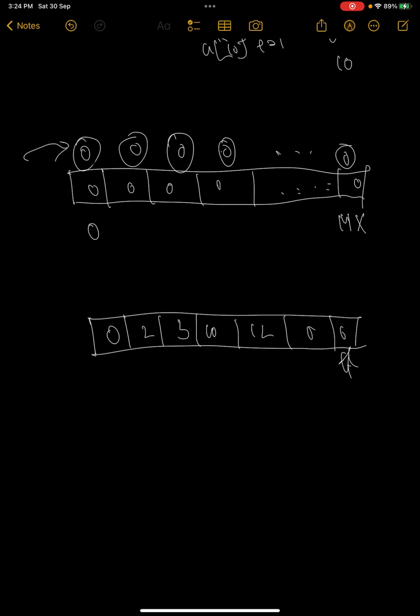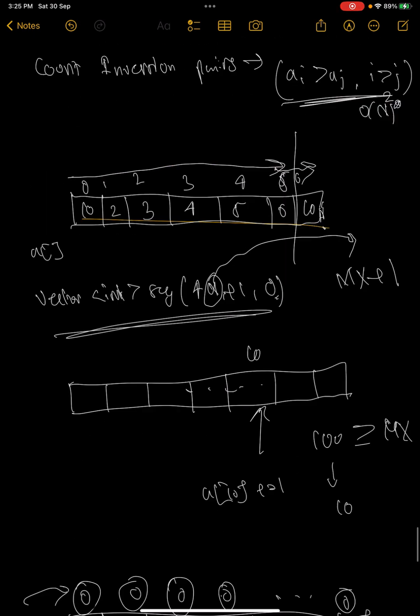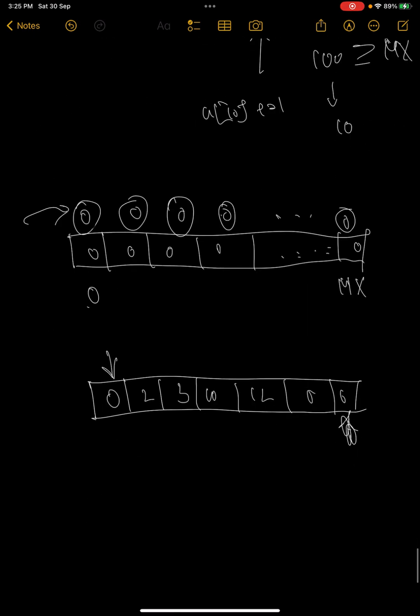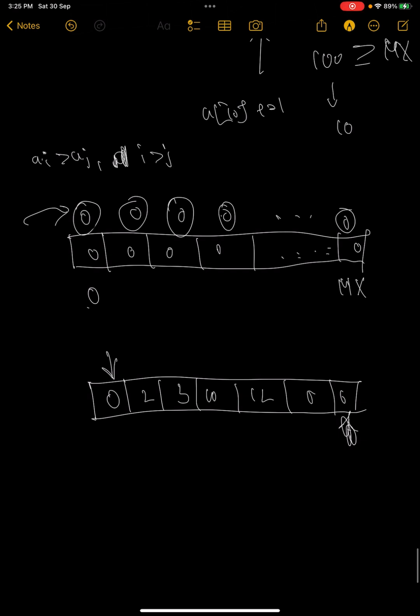Here our array is completely empty. Let me write the equation: ai greater than aj, where i is greater than j. This is our equation.